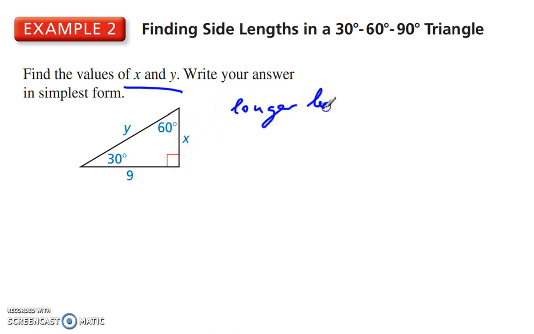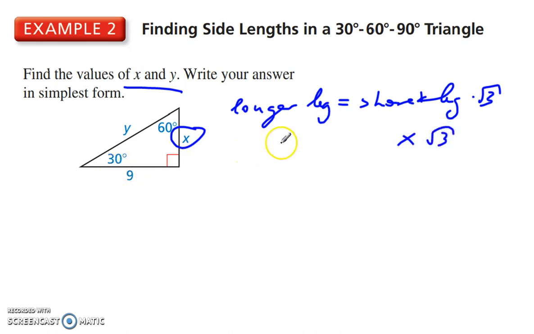Longer leg is the shorter leg times radical 3. The shorter leg is x, so we put that in here: x radical 3, and the longer leg is 9. So we have this expression, and we want to solve for x.